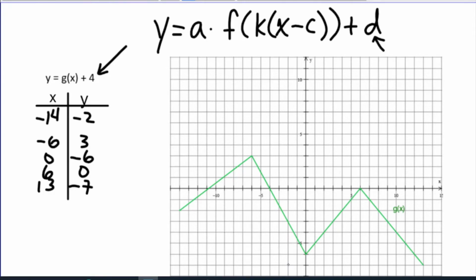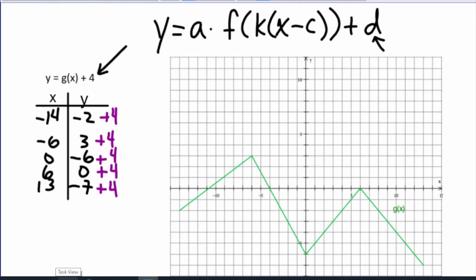It is a vertical translation, and in this case, it's going up by 4. So it is a very simple transformation to do to all of the Y values. We're just going to add 4 to all of the parent Y values, which would have the exact same effect of substituting an x value into a formula and then adding 4 to it.